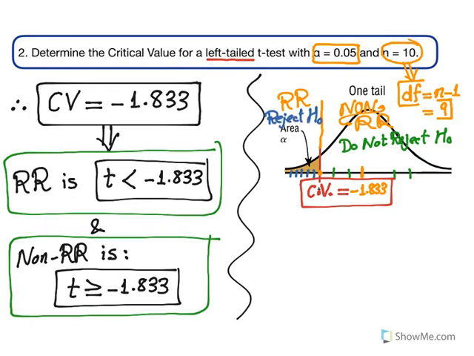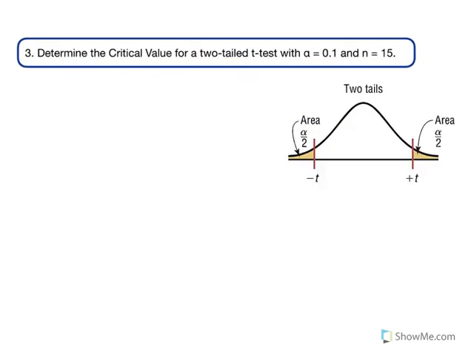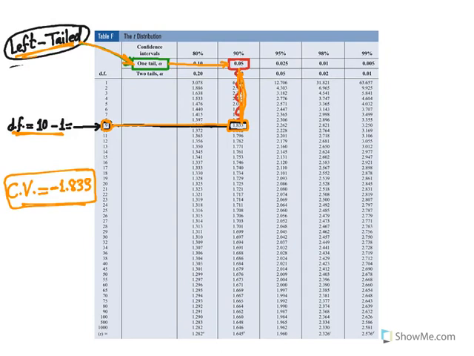Notice here that the t-table is much nicer to use than the z-table. The z-table requires more concentration to find the numbers. But for the t-table, you only need to know that if it's left or right-tailed, you look at the one-tail part of the table and find your alpha in it.